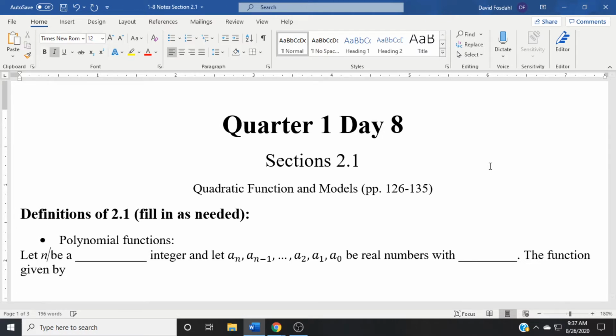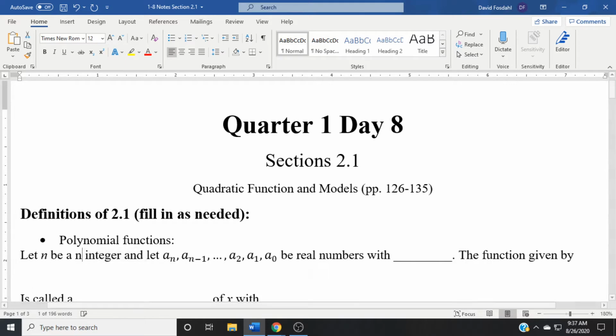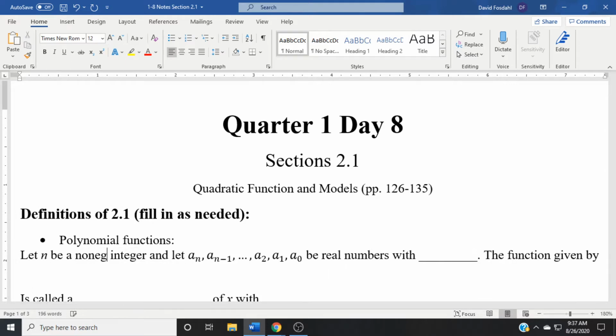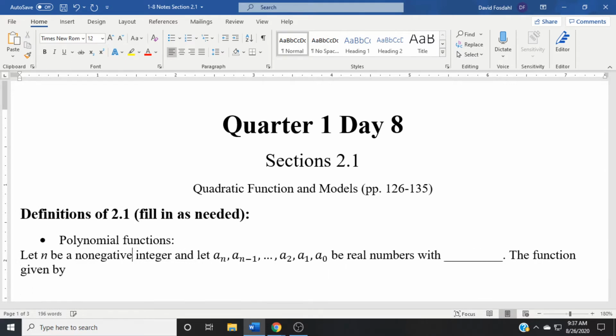Let n be any non-negative integer. Now, when we say non-negative, that means 0 and above. It doesn't mean it's positive. It means it's non-negative.